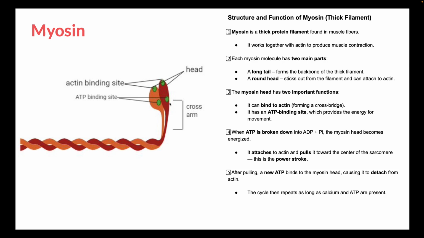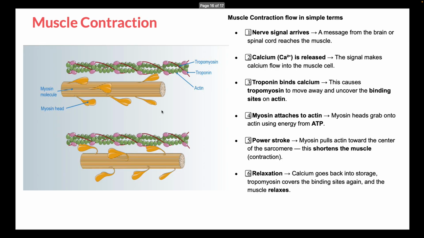So now we have the actin binding site exposed, waiting for something to bind to. So now ATP will bind to the myosin head, and it will get the myosin energized. The moment ATP binds to myosin and gets energized, the adenosine triphosphate gets the myosin energized. Then it will try to pull toward the actin binding site, and it will try to bind.